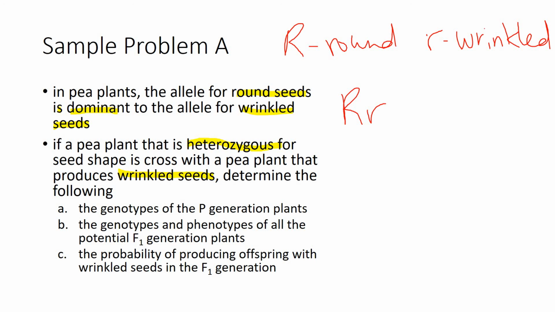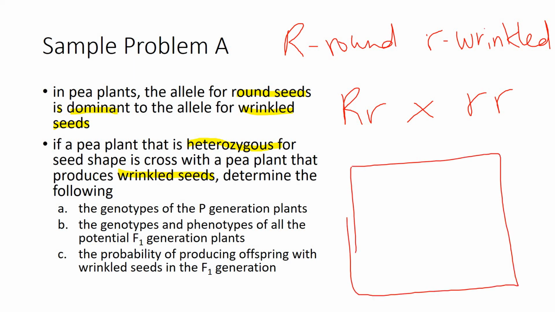And for something to express as wrinkled, and we know that wrinkled is recessive, it's going to have to cross with our homozygous recessive, because the only way the recessive allele is going to show up is if it's homozygous recessive. So here's what we're going to be crossing.